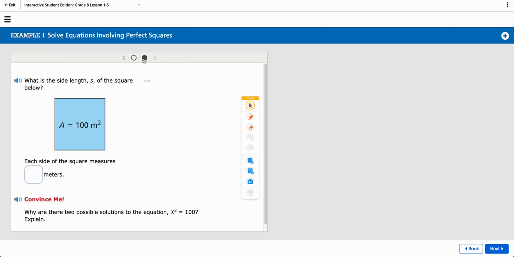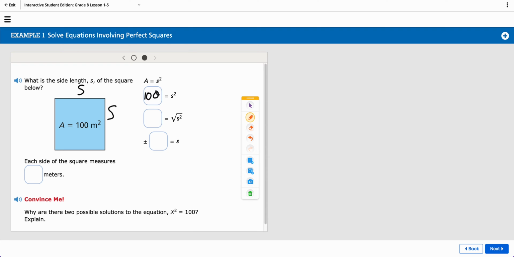Let's do this. What is the side length S of the square below? Well, the area is S squared because we don't know the value of the side lengths, right? And side times side gives us the area. So S squared gives us the area of 100. So 100 equals S squared.